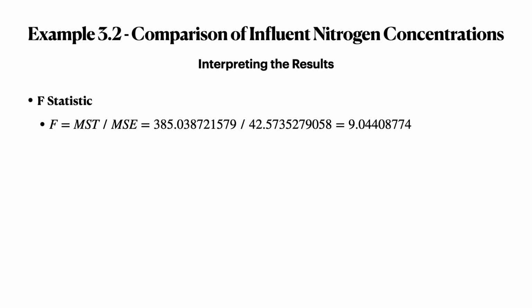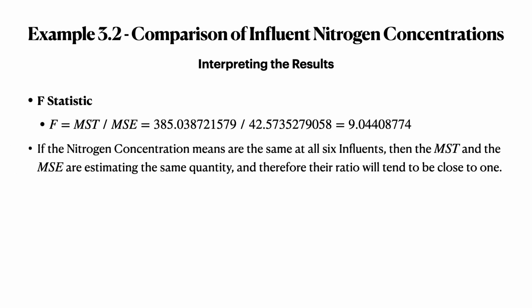Now, the F statistic is equal to the ratio of the mean square for treatments to the mean square error. If the nitrogen concentration means are the same at all 6 influents, then the MST, the mean square for treatments, and the mean squared error are estimating the same quantity, and therefore their ratio will tend to be close to 1.